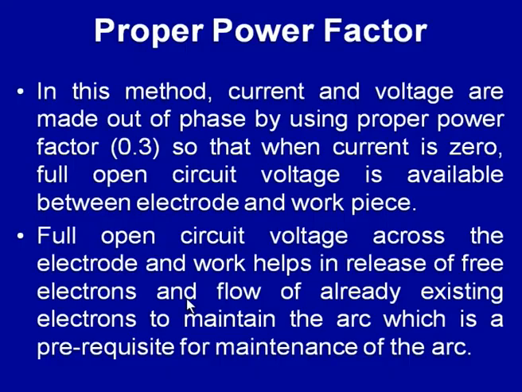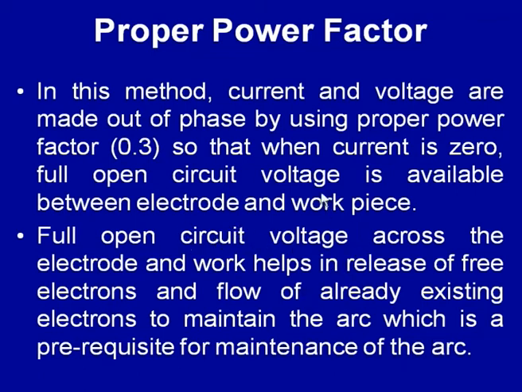So, the full open circuit voltage across the electrode and the workpiece helps in easy release of the electrons, and the flow of current of the already existing electrons to maintain the arc. The flow of current is mandatory to have the arc and to maintain the arc between the electrode and the workpiece.